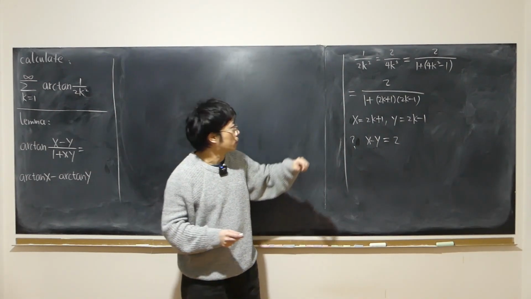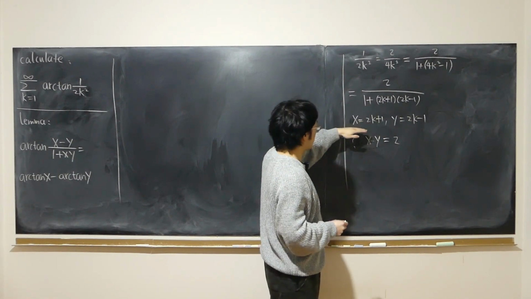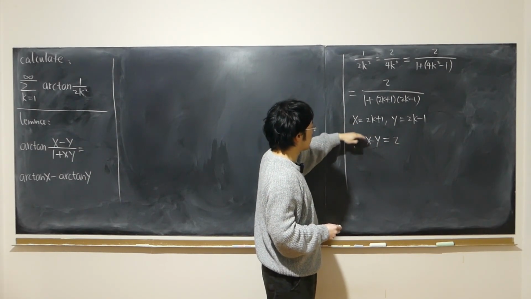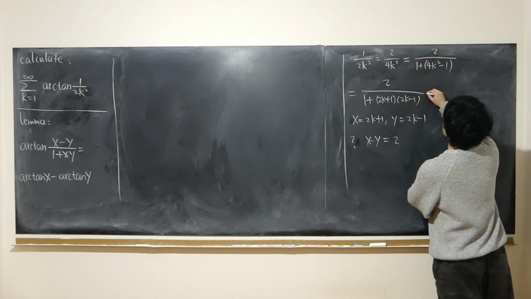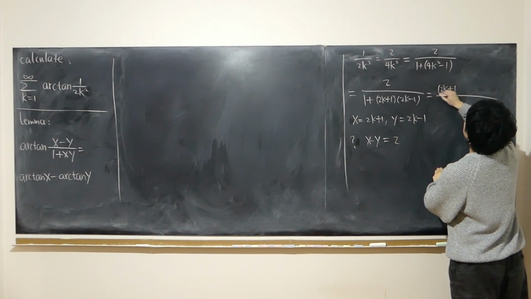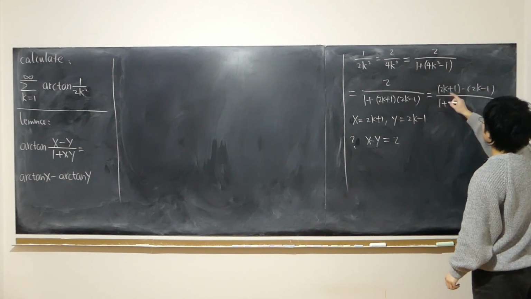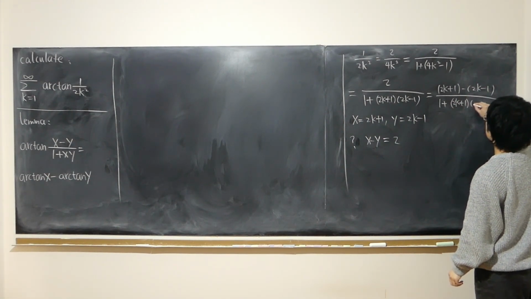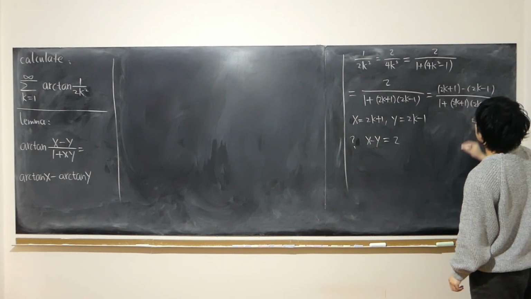Yes. So I've just worked out that 1 over 2k squared is equal to this format, where I treat 2k plus 1 as x and 2k minus 1 as y. Turns out their difference is really 2, equal to the top. So let me write down: the top is 2k plus 1 minus 2k minus 1, and the bottom is 1 plus their product, 2k plus 1 times 2k minus 1. Now I can legitimately apply my lemma.